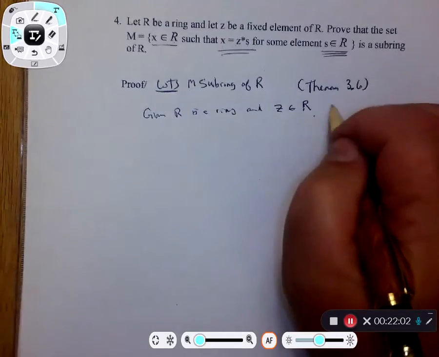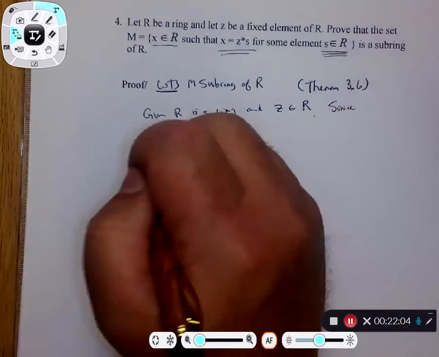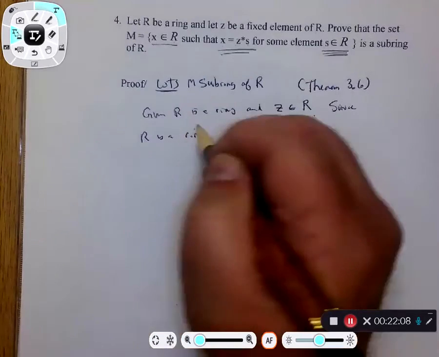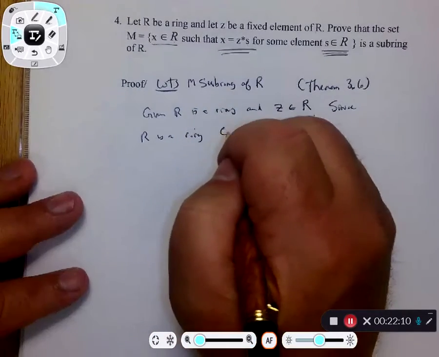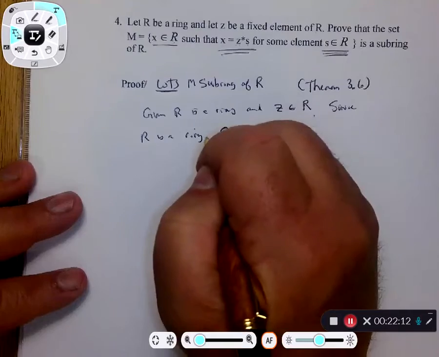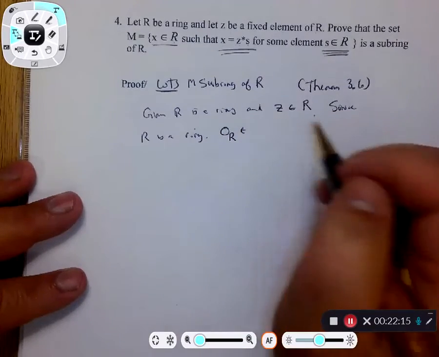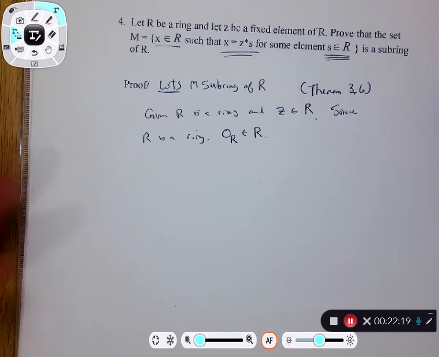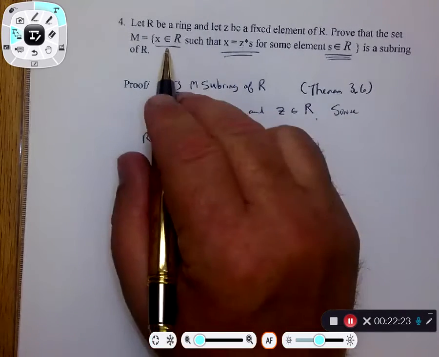Well, since R is a ring, rings have a zero element. The zero element, I'll call it 0 subscript R, is an element of R. Since R is a ring, 0 in R is an element of R. And so I've got that.